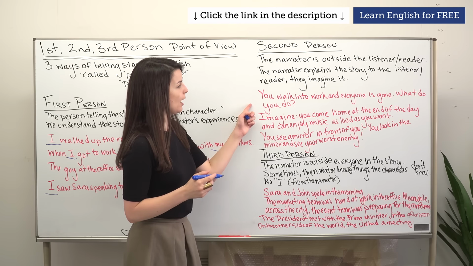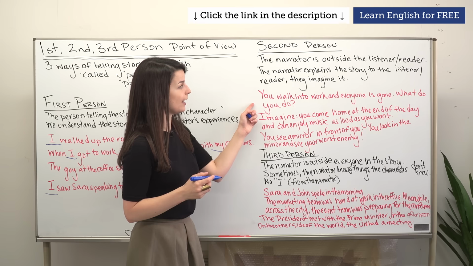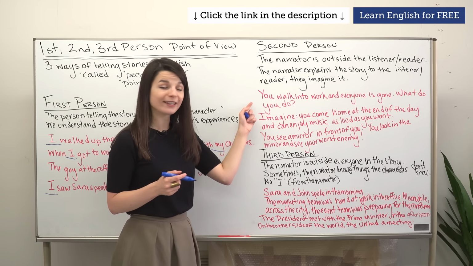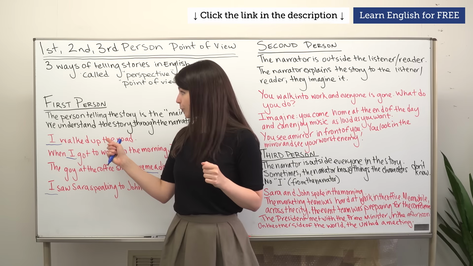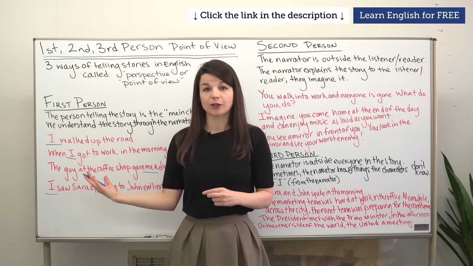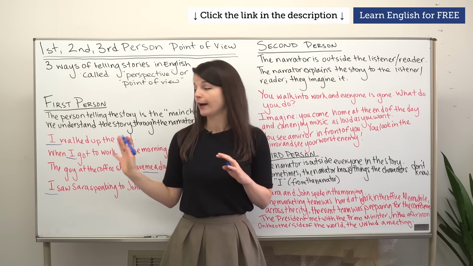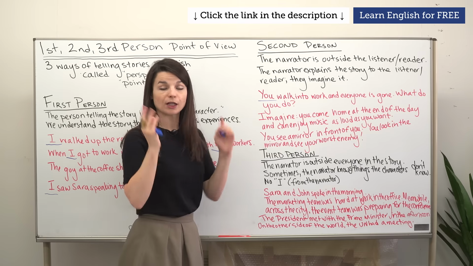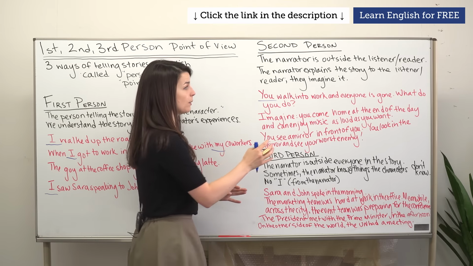First one, you walk into work and everyone is gone. What do you do? So here you can already see this is very different from first person. We used I, me, my, these key words that show I am experiencing, I am the narrator. Here, however, you is the subject. You walk into work, everyone is gone.